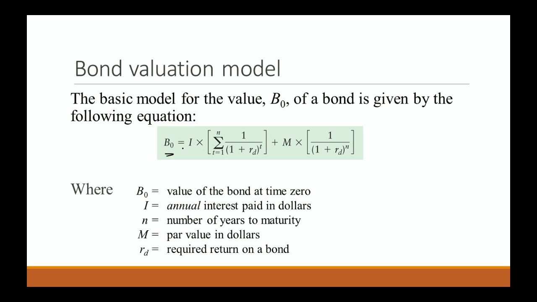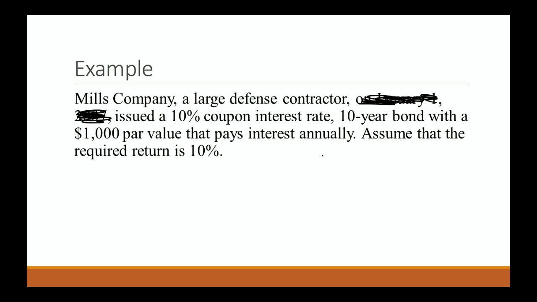And you take the present value of the principal of the bond, the maturity value, the par value, the face value. All of these things can be used interchangeably. But you take the present value of the face value of the bond and add that to the present value of the interest payments, and that gives you the value of the bond.